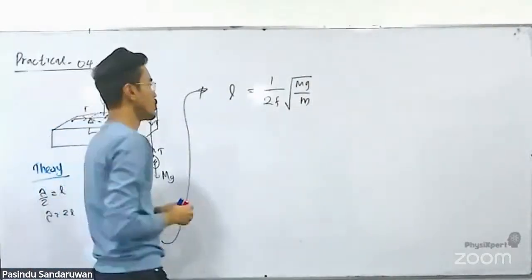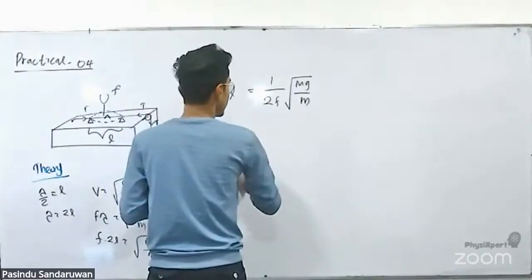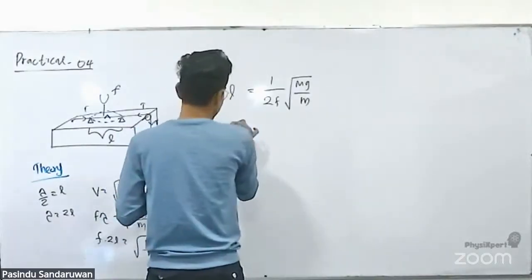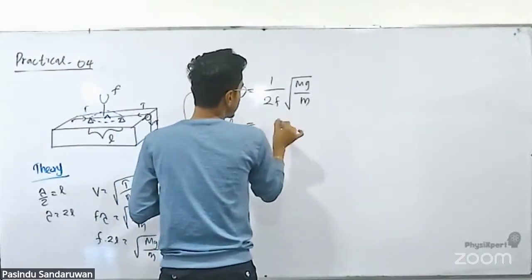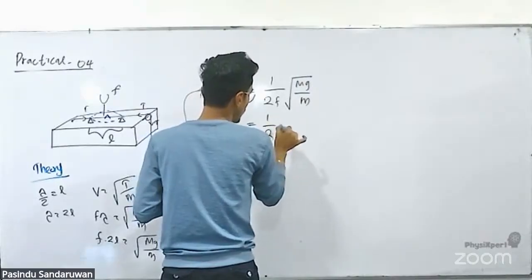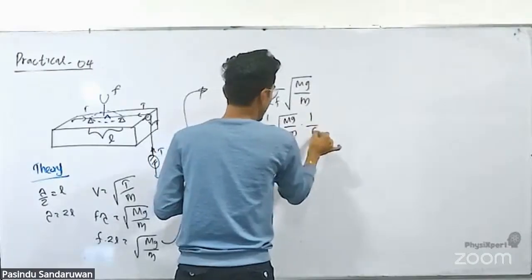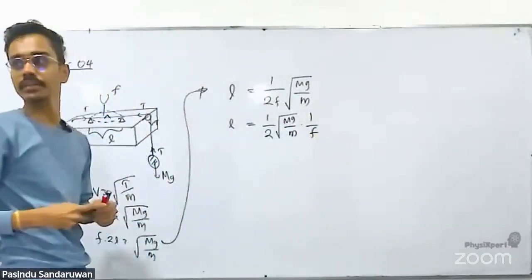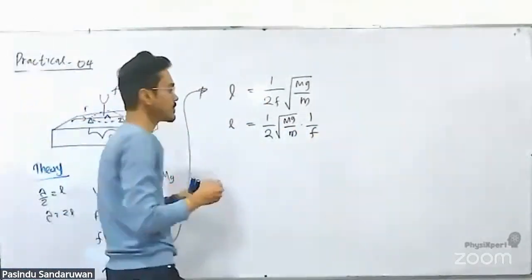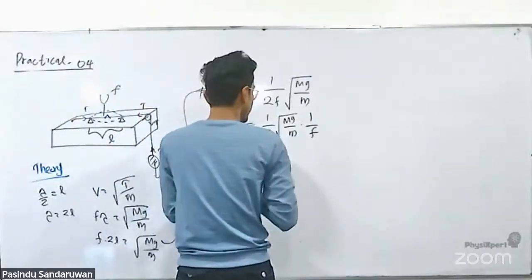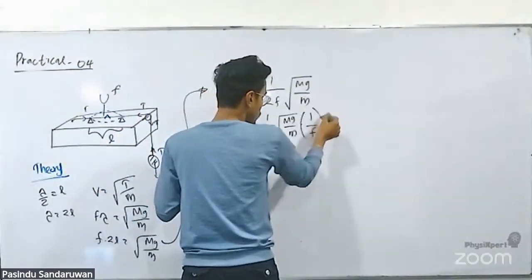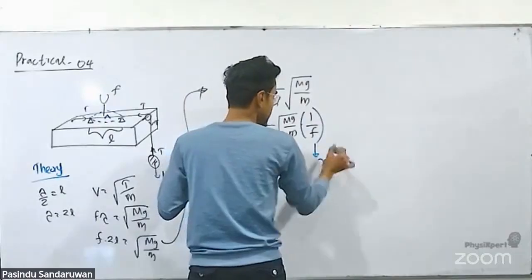Now, once set of values, see, 1 over 2 root Mg over m times 1 over f. Right? Now, 1 over f, this whole thing is going to be considered as x.